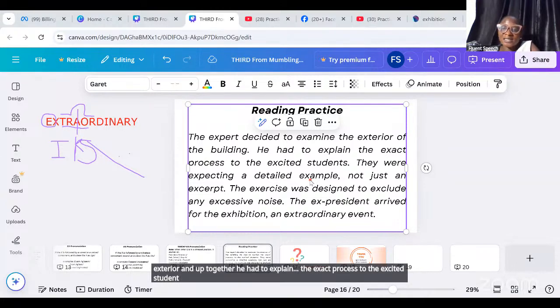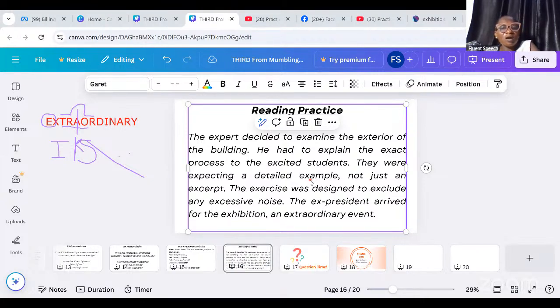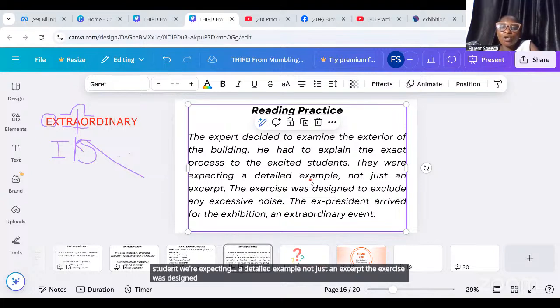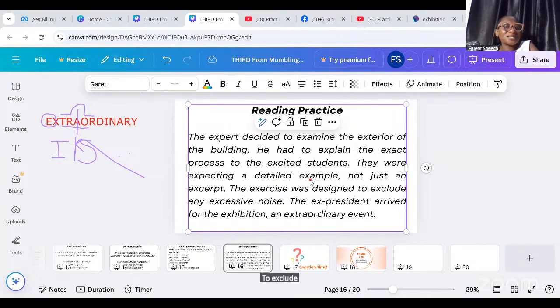We're expecting a detailed example, not just an excerpt. The exercise was designed to exclude any excessive noise. The ex-president arrived for the exhibition, an extraordinary event.